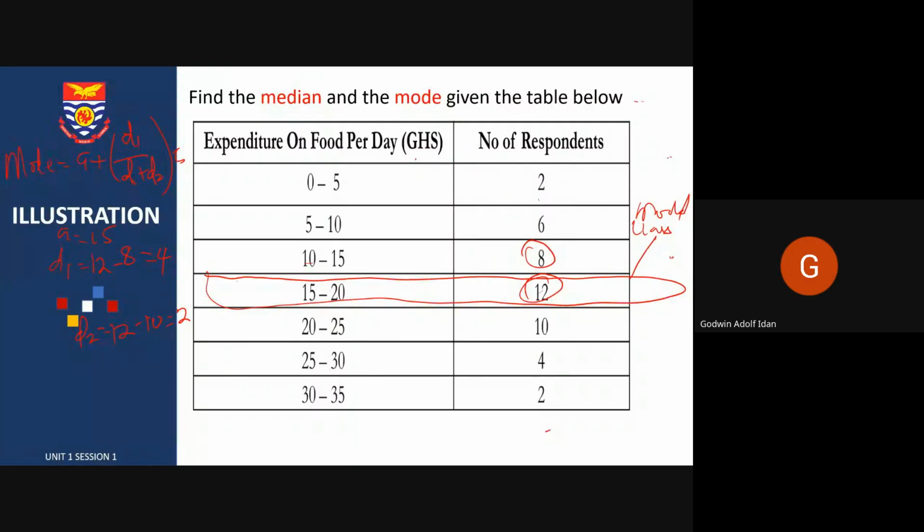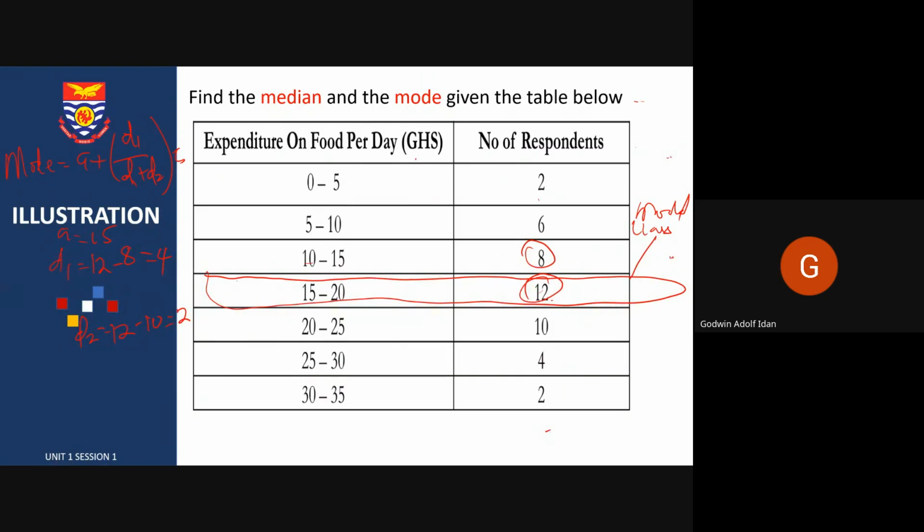So we're saying that for you to be able to solve the median and the mode, you always have to first locate the modal class and the median class. So for you to get the modal class, we are saying the modal class is the class with the highest frequency. When you look at the question, the highest frequency is 12.